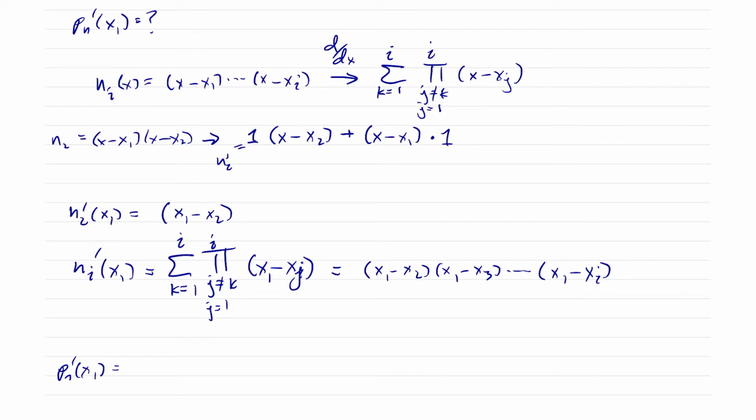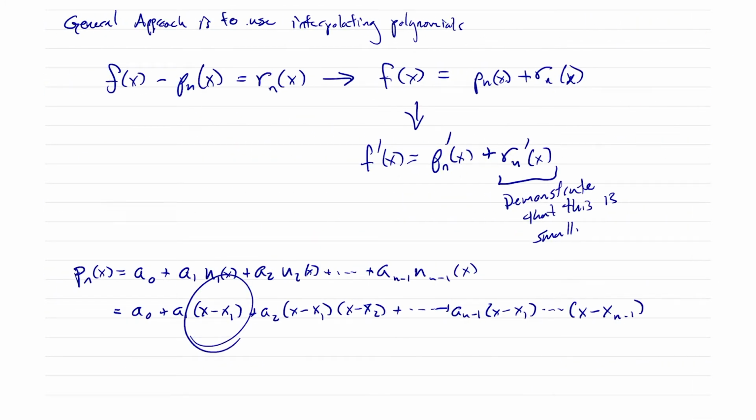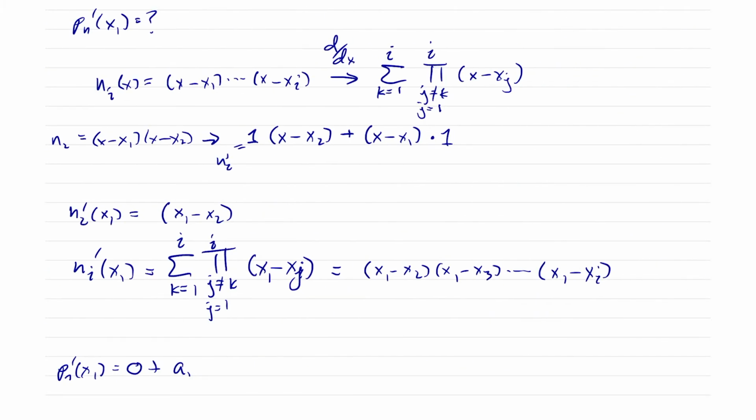Now a0 was constant, so it disappears, so it's going to be 0, plus a1, and that was just multiplied by, and that was just the derivative of this guy, and so that whole term disappears, plus a2. And now what is a2?